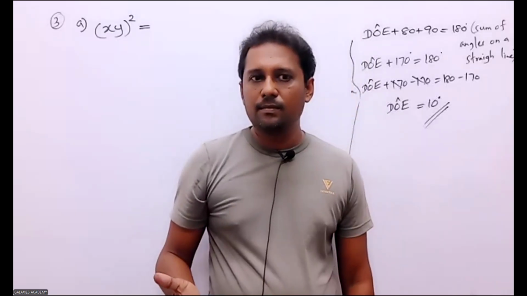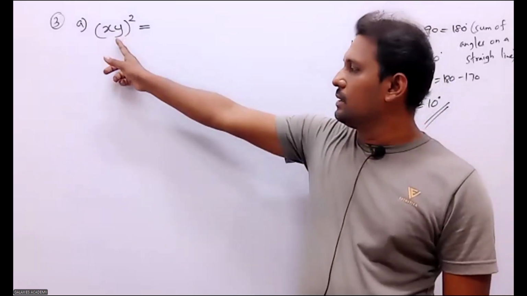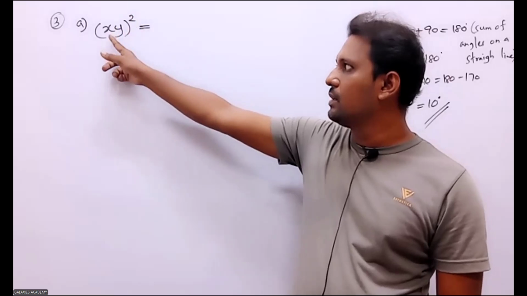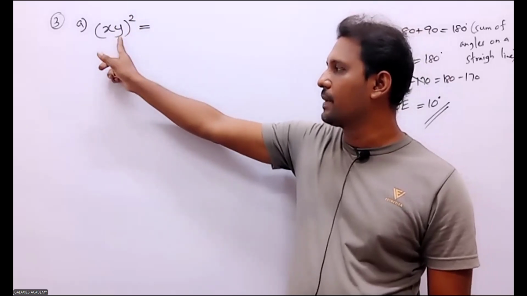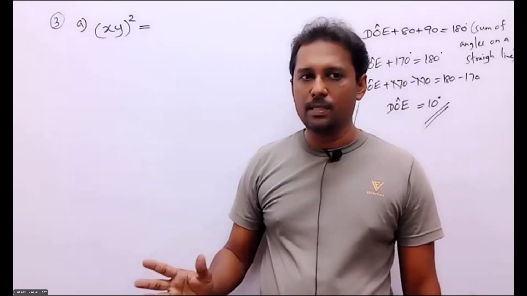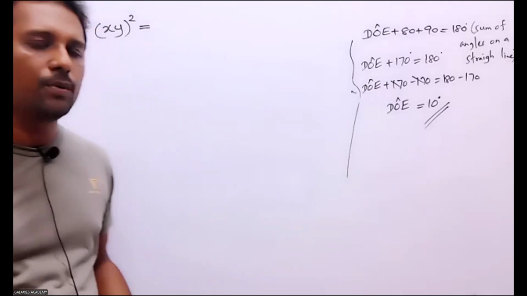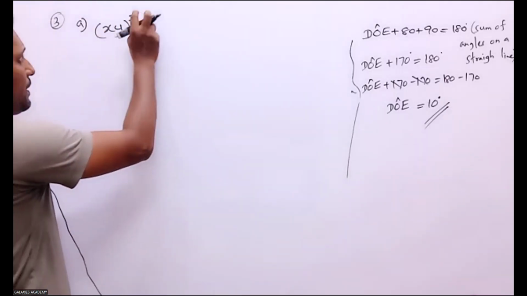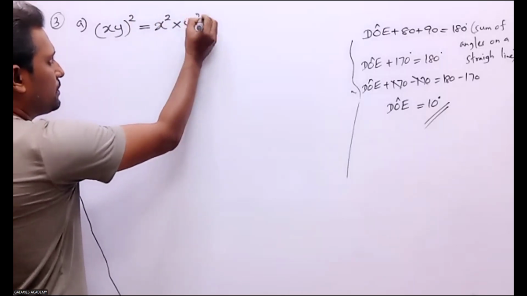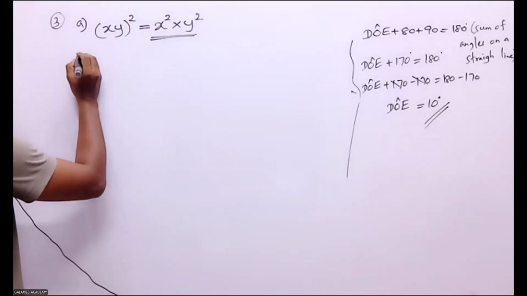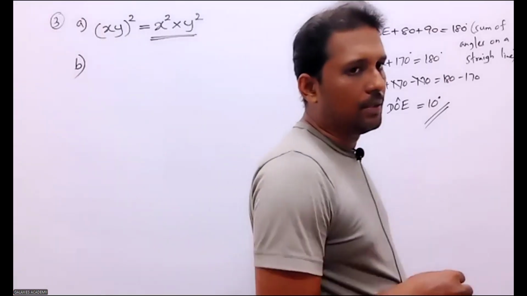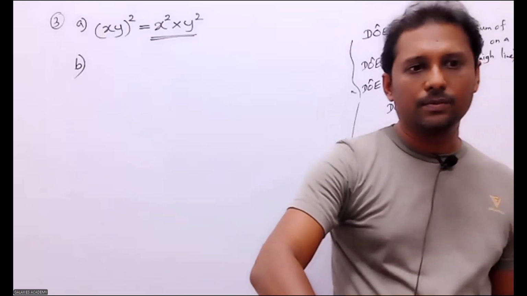Indices lesson revise. This one is given as power of a product. Then you can write this as product of powers. So how can you write this one? X to the power 2 multiply y to the power 2.